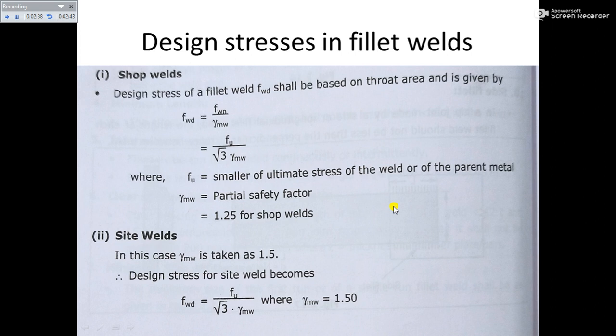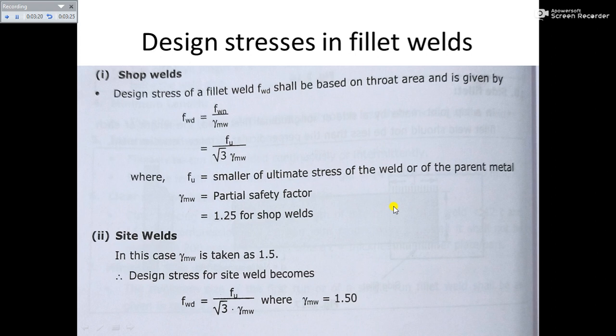So in the first step, when in the problem we are given shop welds, you have to calculate the design stress of a fillet weld, that is denoted as fwd. f for stress, w for weld, and d for design. That is design stress in weld, fwd, shall be based on throat area and is given by fwd equal to fwn upon gamma mw, and that is given by fu upon root 3 gamma mw, where fu is the smaller ultimate stress of the weld or of the parent metal.